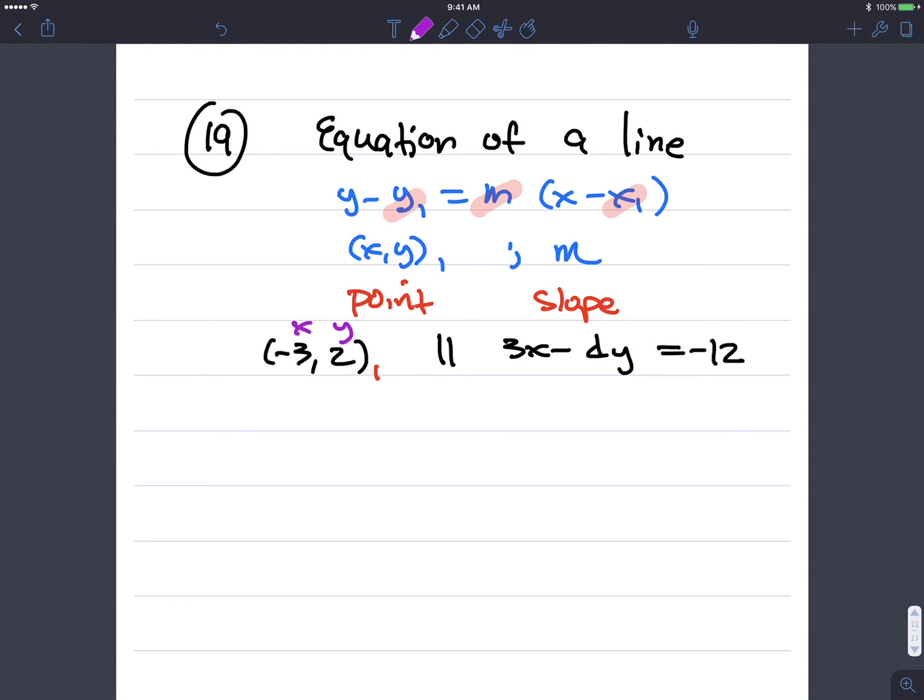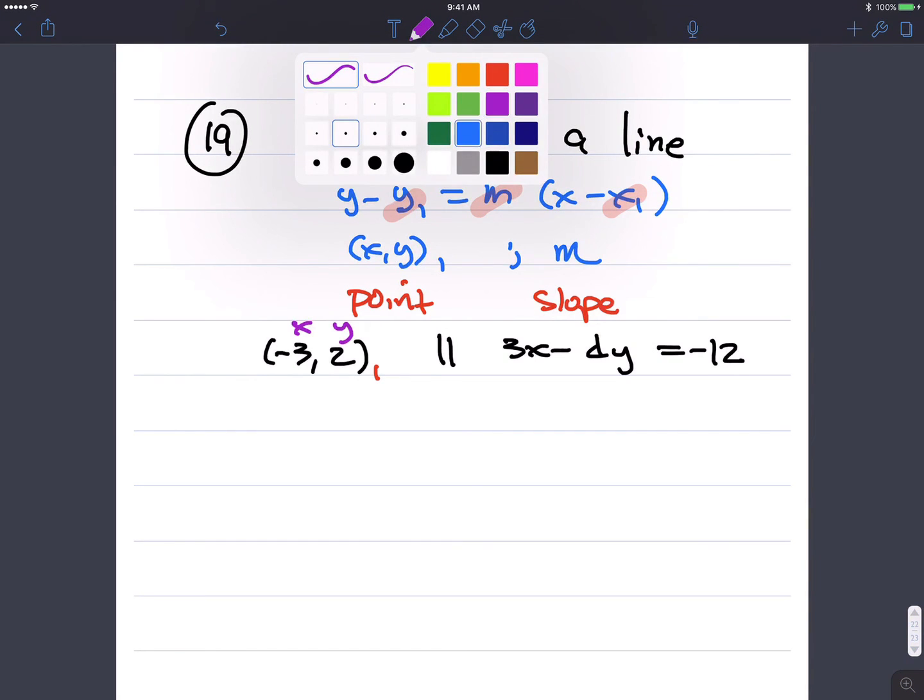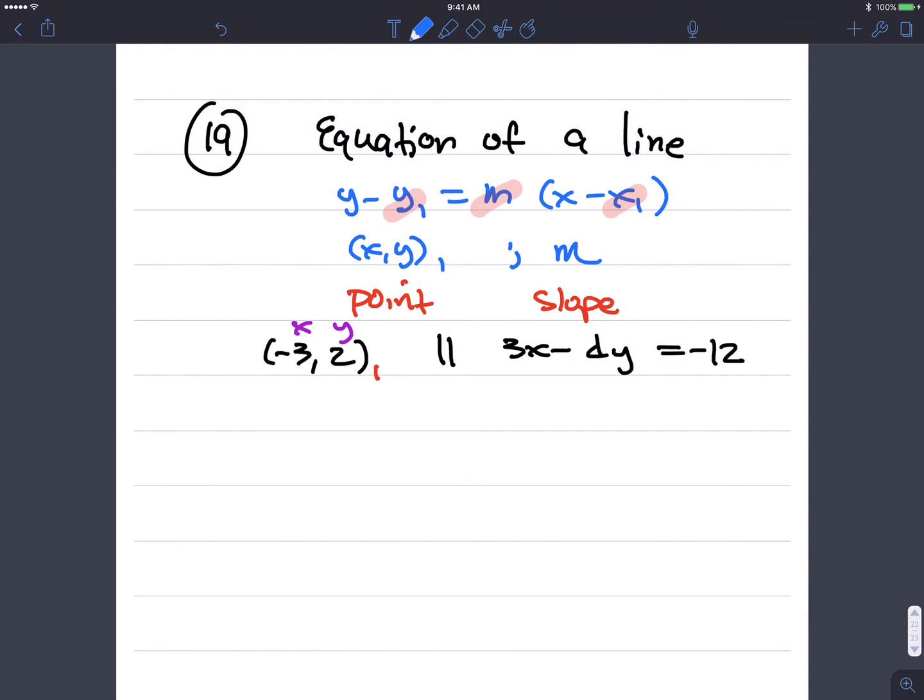Now going back up here, looking at point slope form. I'm going to plug in 2 for y1 and negative 3 for x1. That line has to be parallel to the equation here that's represented by a line.